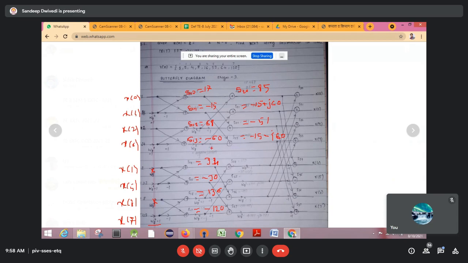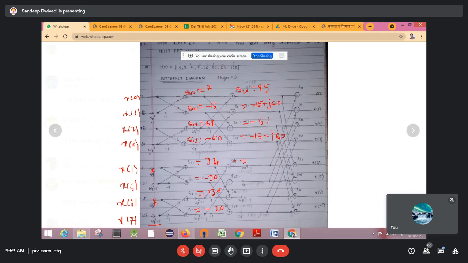See here, 3 minus are there, that's why it will be minus. The twiddle factor raised to power 2 is also negative, so that will be minus j. So minus j into this minus 60 will be plus 60j, and this minus 1, so this will be minus j60.